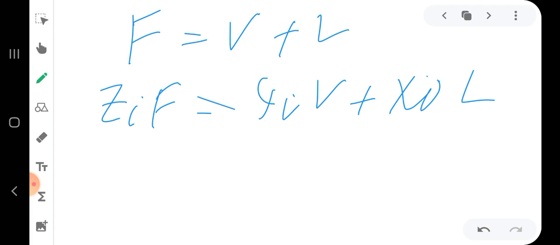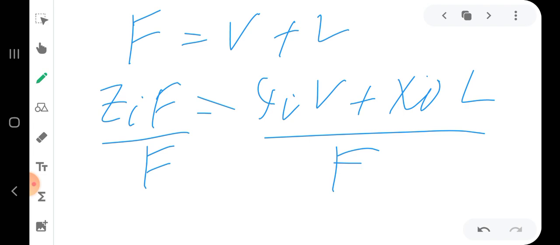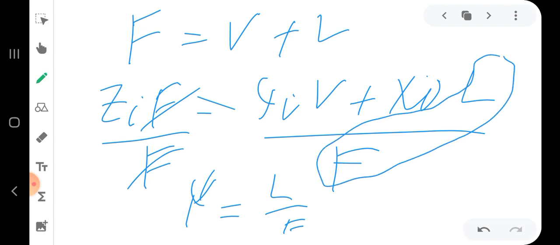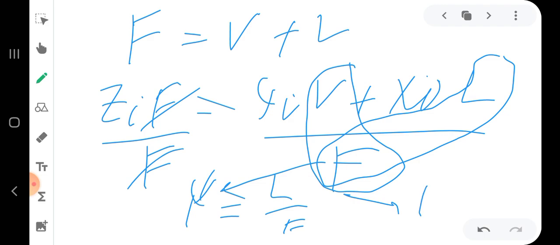Let's divide by F on both sides. So here F will be cancelled, and now let's deal with the liquid fraction, which is the liquid over the feed. So L over F will be psi, and V over F will be 1 minus the liquid fraction.